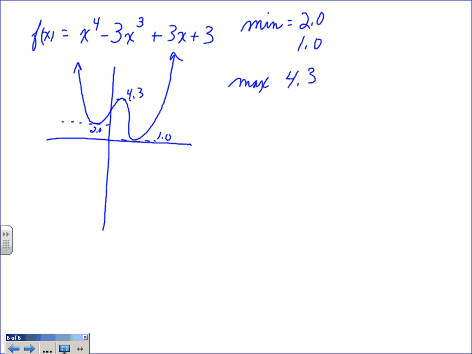For all values where x is less than -0.4, that function is decreasing. We're looking at the x values.